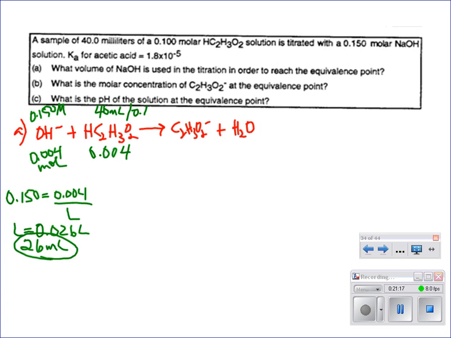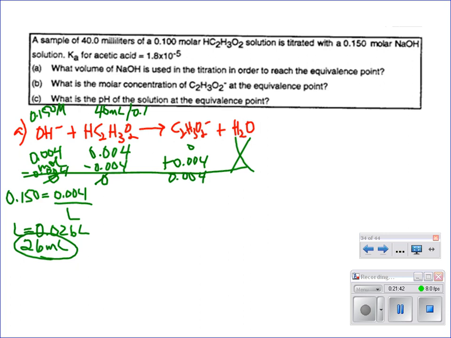B says, what molar concentration of acetate is at the equivalence point? They're asking you to do the invasion. You already know how to do the invasion. We'll just finish it. So we originally have 0. How much do we lose? 0.004 minus 0.004. Here we go. That's how many moles of the acetate we have after the invasion. Are they asking for moles of acetate?